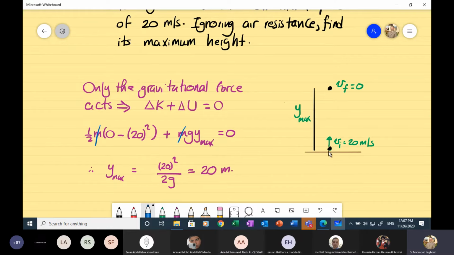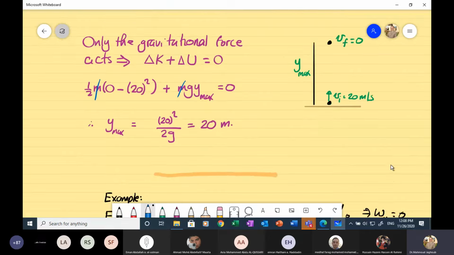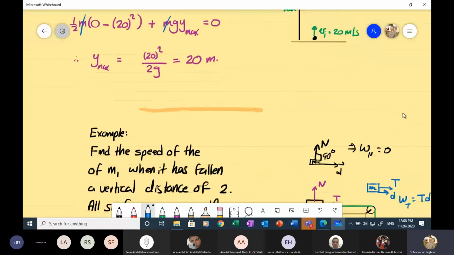Now the object, did it ascend or descend? ارتفع ولا انخفض؟ Ascend. Plus mg times y max equals 0. What happens to the m's? They cancel out, and immediately you get that y max equals 20 meters. You can do it using the equations of motion, and you will get the same answer.